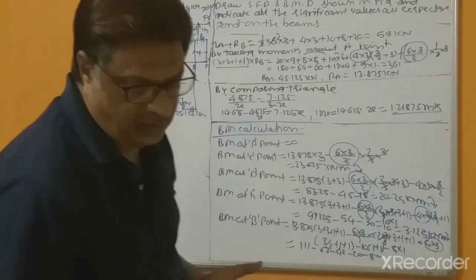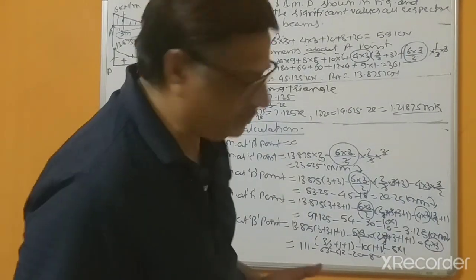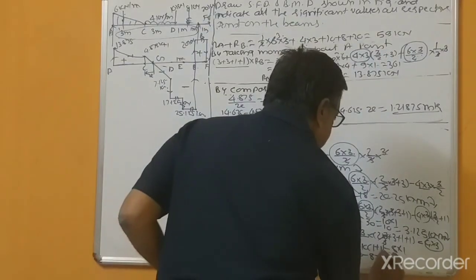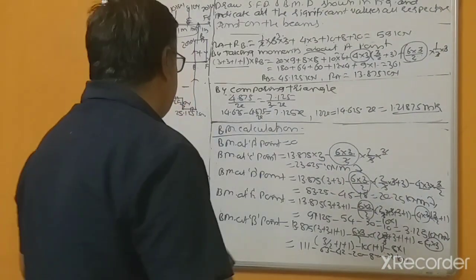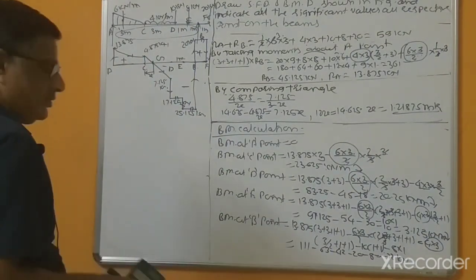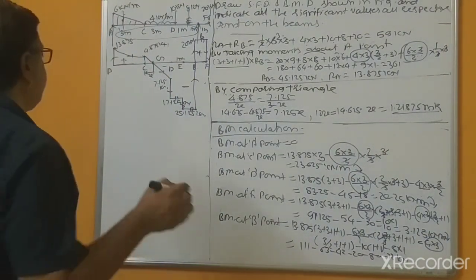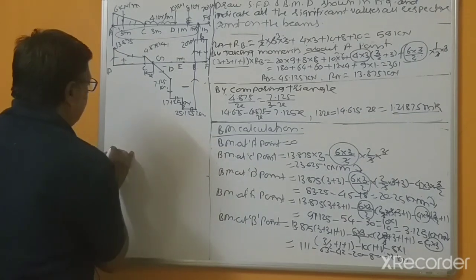This is equal to minus 22 kilonewton meter. So at the end points you will get 0 values. So that's why you can draw the bending moment diagram.